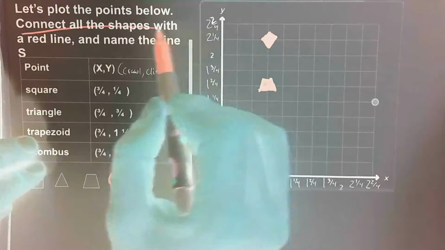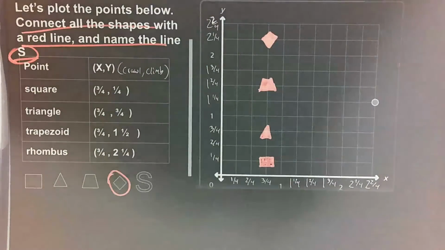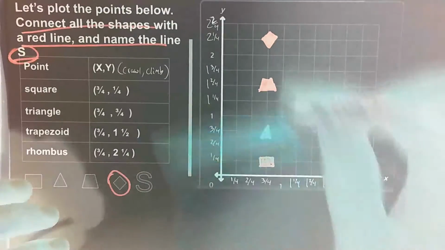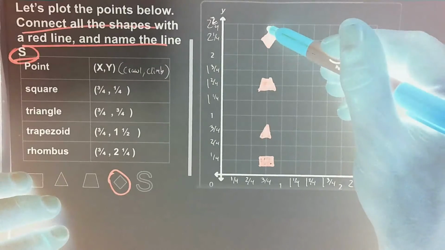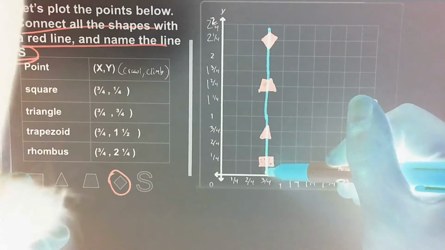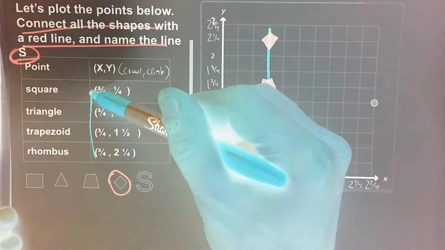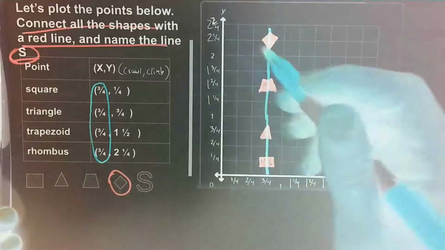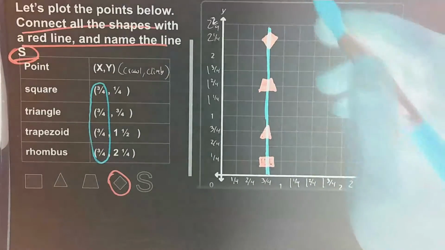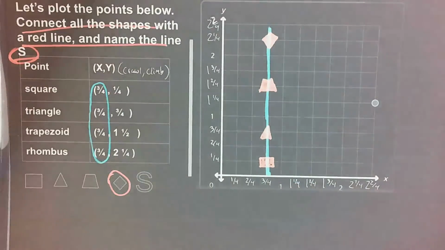Now we're going to connect all of the shapes with a line and name that line line S. Since all of our shapes have an x value of 3/4, we're pretty much drawing a line right along this 3/4 line from the x-axis all the way up.